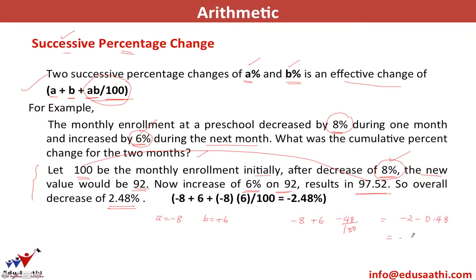So my total answer will be minus 2.48%. That is the answer that I end up with. I cannot work simply with minus 8 and plus 6 because the bases are different. So I'll have to either follow the formula or I'll have to do it stepwise.